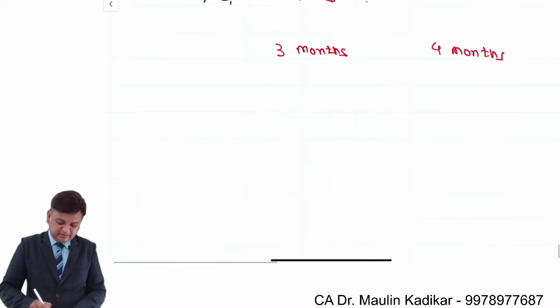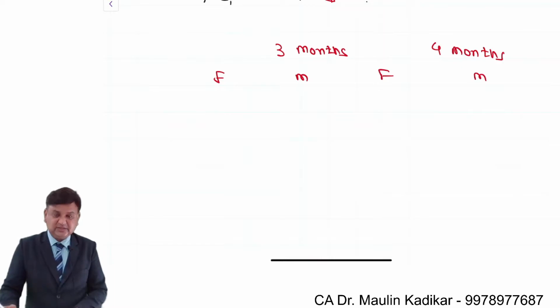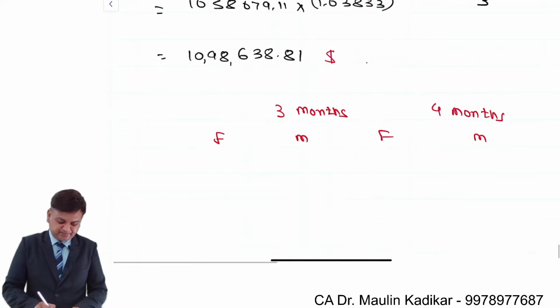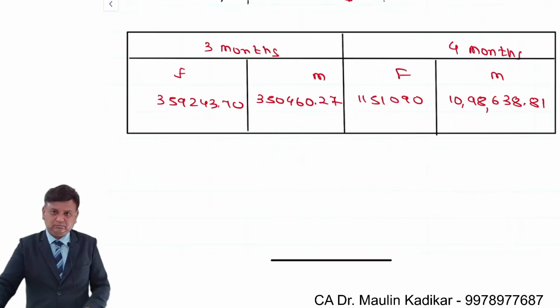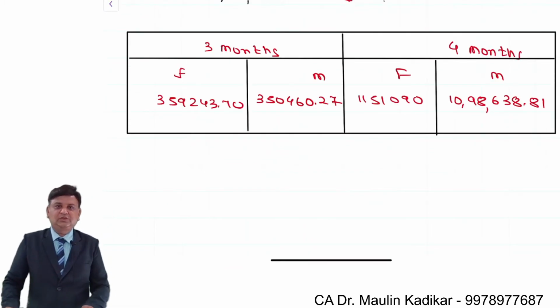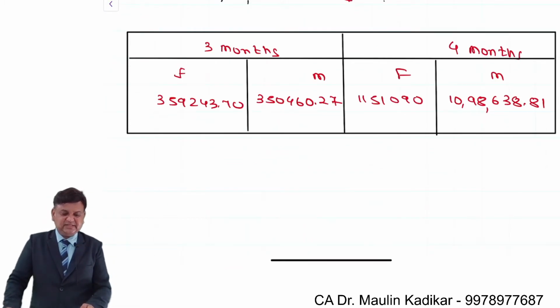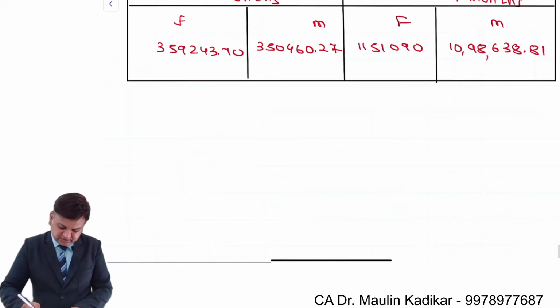Comparison is required to be made between forward market hedge and money market hedge. This is the answer of the money market hedge for 4 months. We will keep the values for the purpose of comparison. So friends, at the end of 3 months, we have to make the payment, so we select the lower amount of payment.